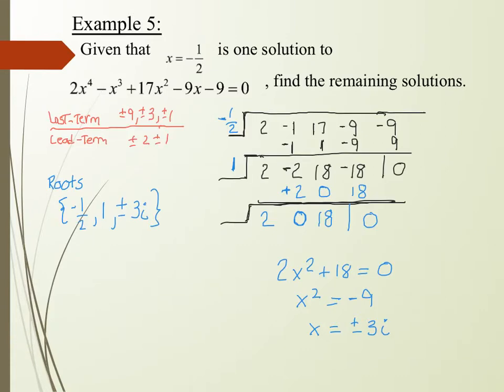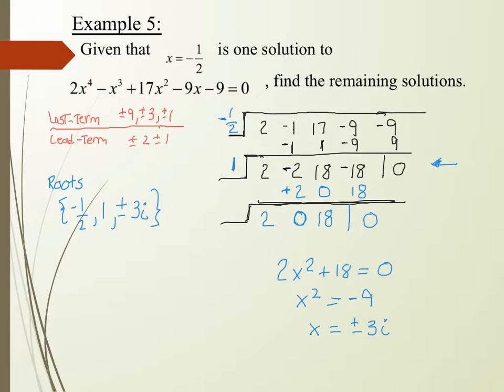So we can see that the last terms are plus or minus 9, plus or minus 3, plus or minus 1, and the lead terms are plus or minus 2, plus or minus 1. So we were given a negative 1/2. We can divide that out using synthetic division. When we do that, we get the following result, which is 2, negative 2, 18, and negative 18.